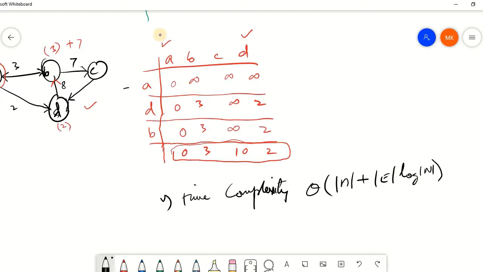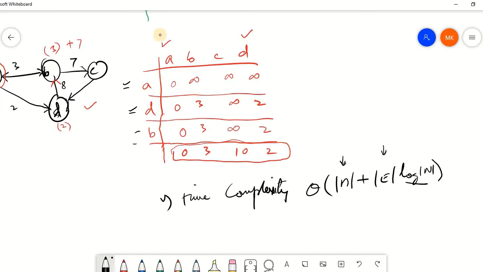We are repeating the process for all the nodes. So that means we have to repeat this process for the number of nodes that we have. Then we are traversing all the edges of each node. So the number of edges that we have comes over here.